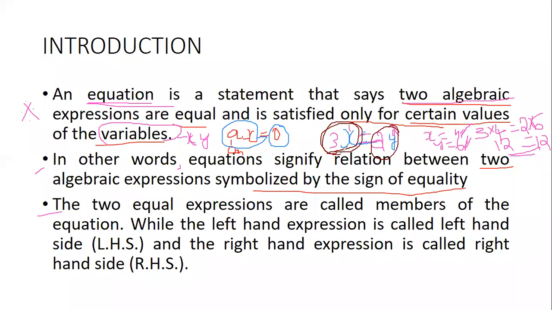To be even more particular, whatever is on the left hand side is called LHS, the left hand expression. Nothing but 3x is on the left hand side, to your left. Don't say, ma'am, this is the expression's right hand and this is left hand. No, I'm talking about your left hand. So LHS is nothing but your left hand side, that is 3x.